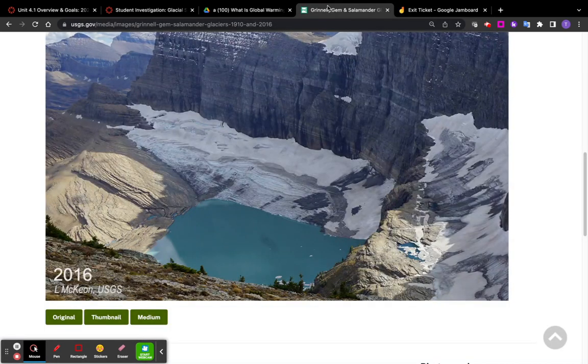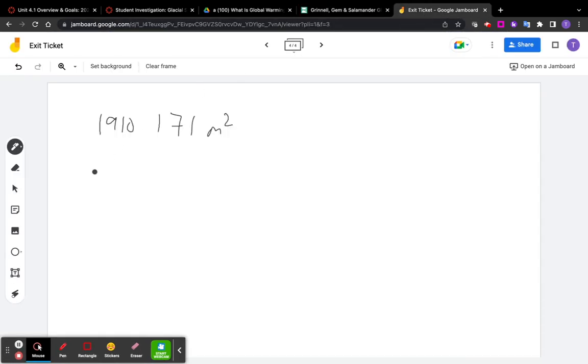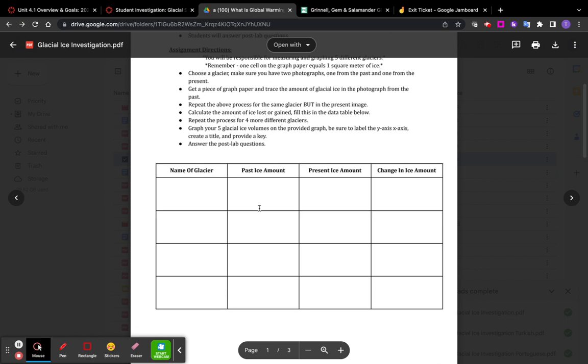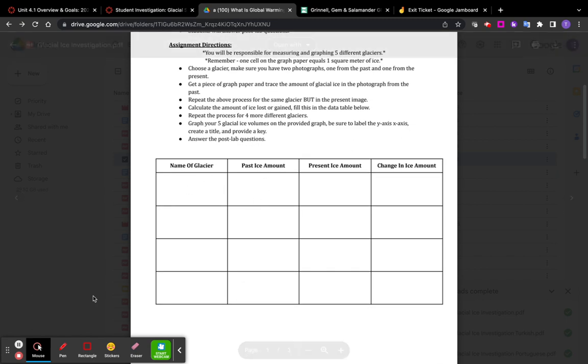And then the new image is 2016. And let's just say when I did it, I figured out that it was about 50 meters squared. Cool. You determined that the difference, it went from 171 to 50, and so it shrunk by about 121 square meters.